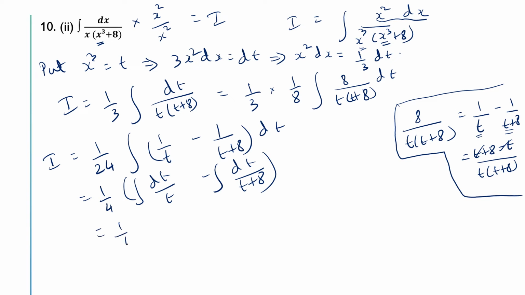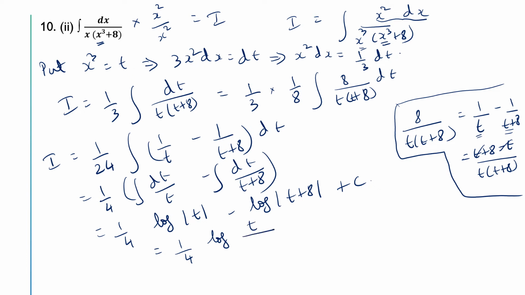So this is equal to 1 by 24 log mod t minus log mod t plus 8 plus c. So it is of the form log a minus log b, it is log a by b. So it is log t upon t plus 8, 1 by 24.